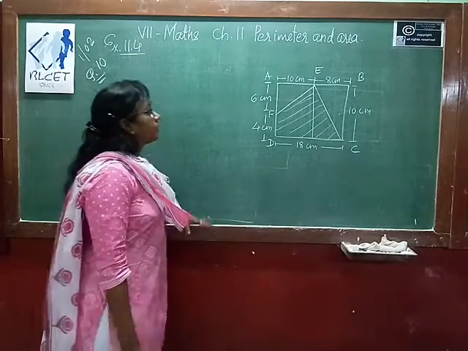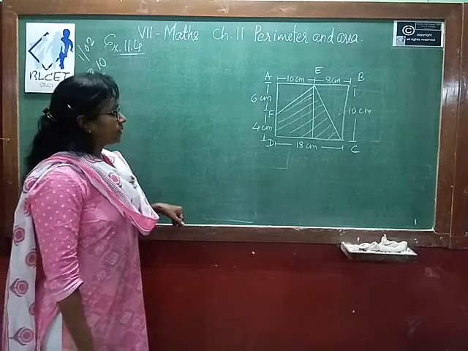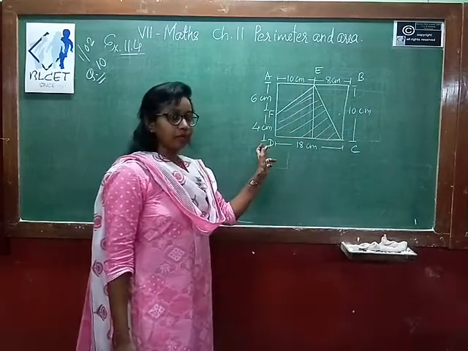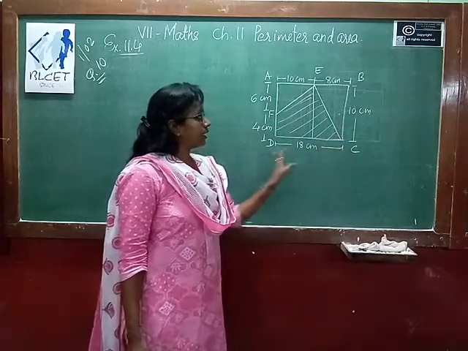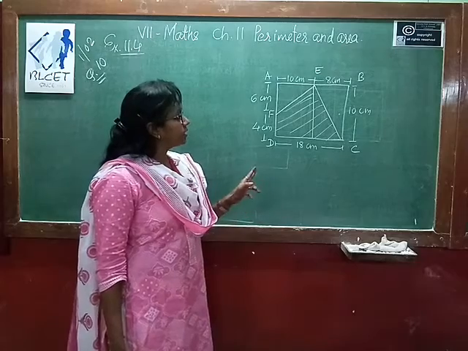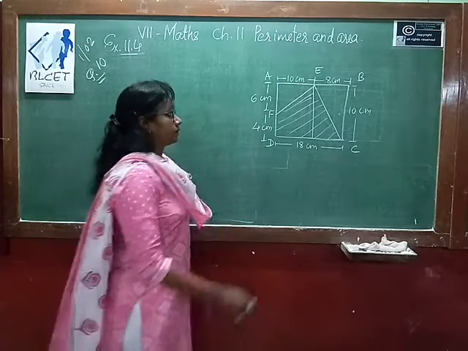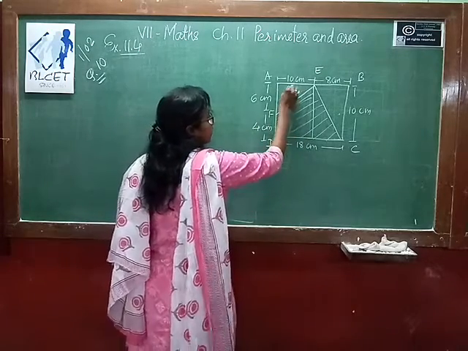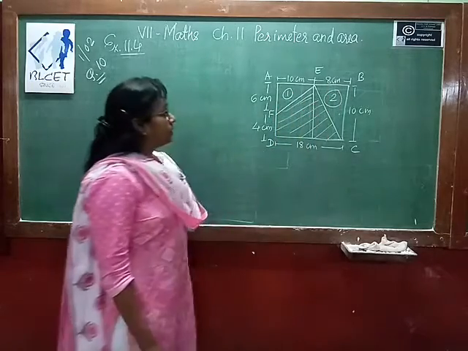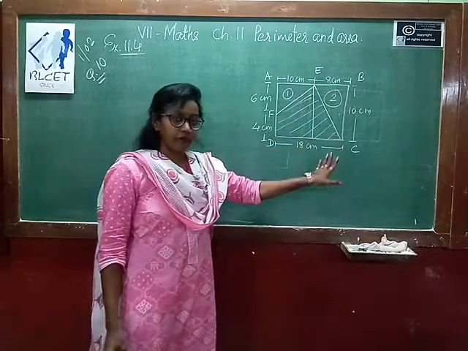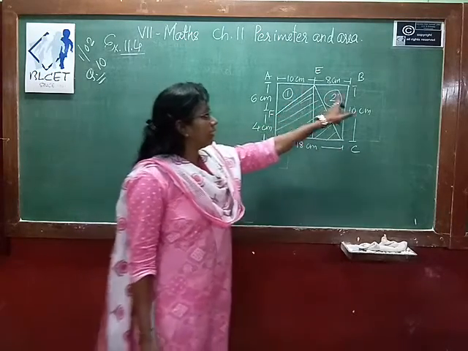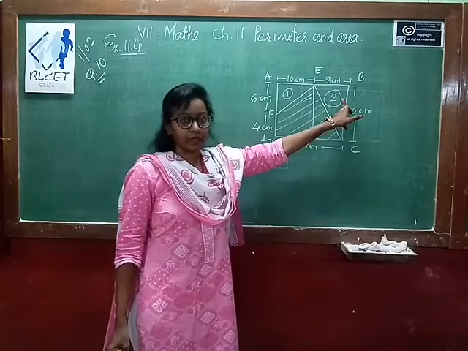So what we can do is find the total area of ABCD, and from that total area we subtract the two triangles, first triangle and second triangle. So total area we will find first, then we will find the area of this triangle and the area of this triangle.